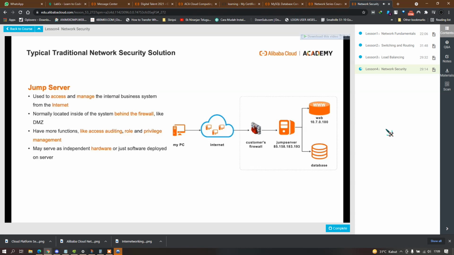Also, you can create users and give them rules and privileges to control access. And just like some other security solutions, a Jump server may be independent hardware or just software deployed on a server, just like the firewall. You can use a dedicated hardware solution, or deploy software on some of the servers in your internal network. So this is how the Jump server works.